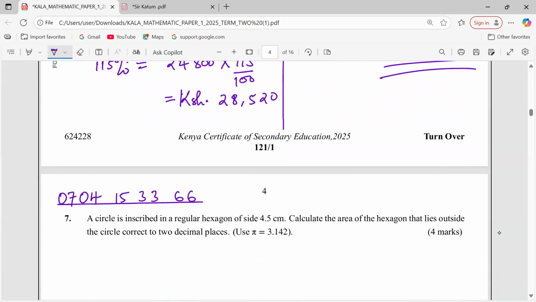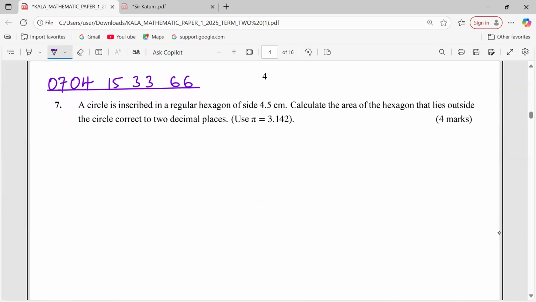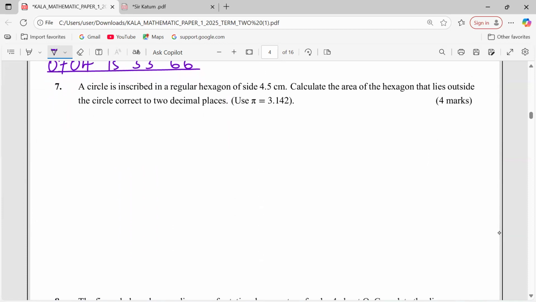We check number 7 now, our next question. Number 7 is talking about a circle which is inscribed in a regular hexagon of side 4.5 centimeters. Calculate the area of the hexagon that lies outside the circle, correct to 2 decimal places.